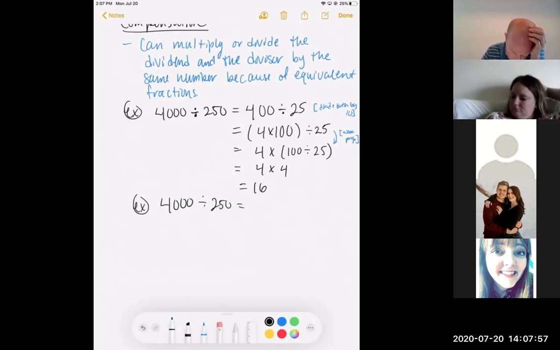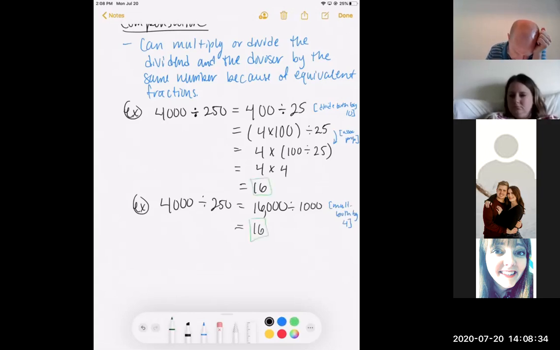If I multiply both of them by 4, I get 16,000 divided by 1,000. So this one was a multiply by 4. And I can do this division pretty easily. 16,000 divided by 1,000 is 16. So there's a couple ways of doing that one.